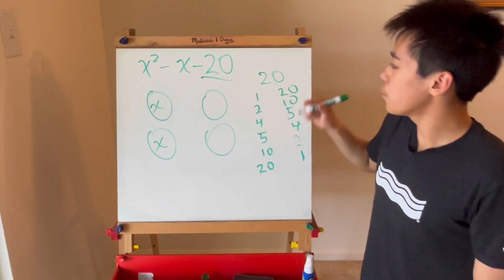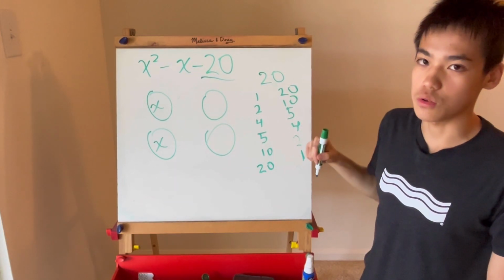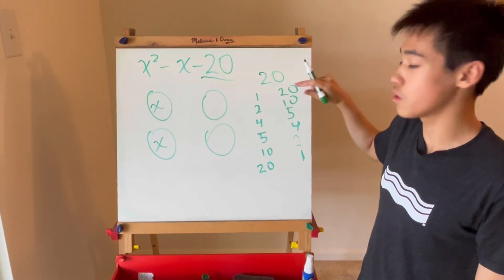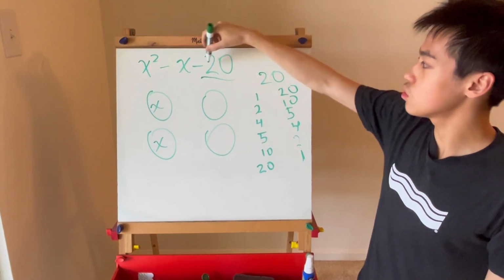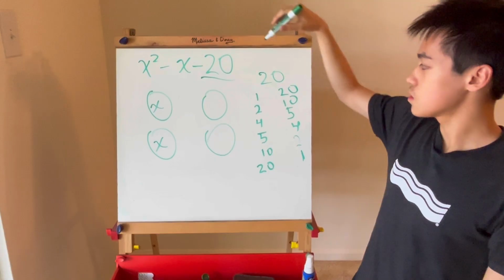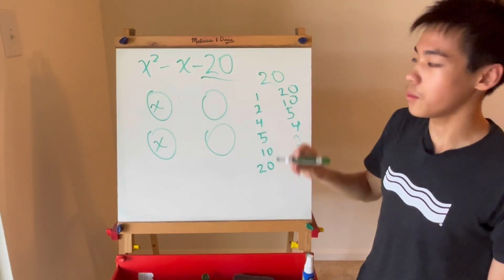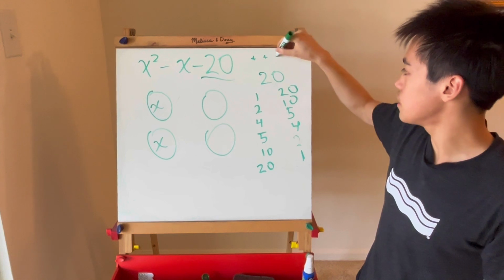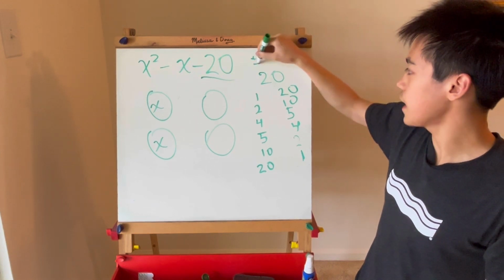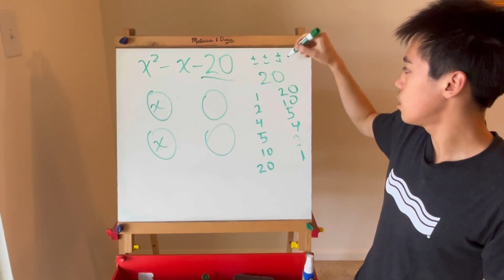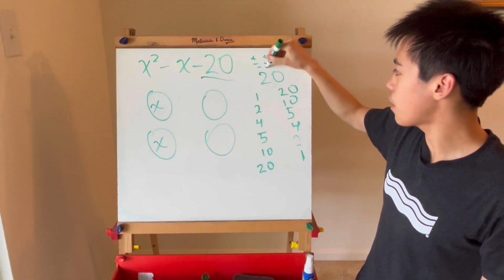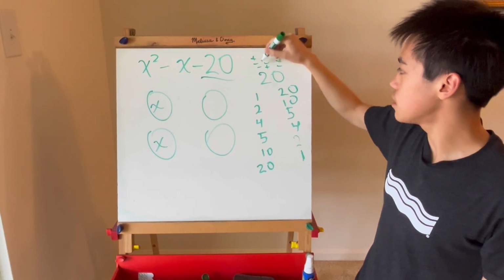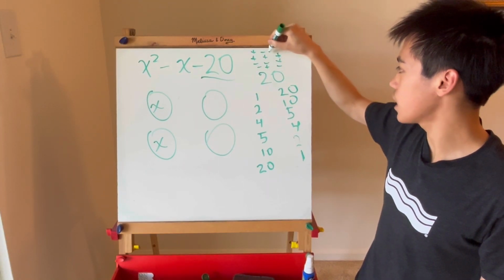So because we factored 20 into pairs of integers, let's include that negative now. Remember that a positive times a positive is a positive, a negative times a negative is a positive. However, a negative times a positive is a negative, and a positive times a negative is a negative.